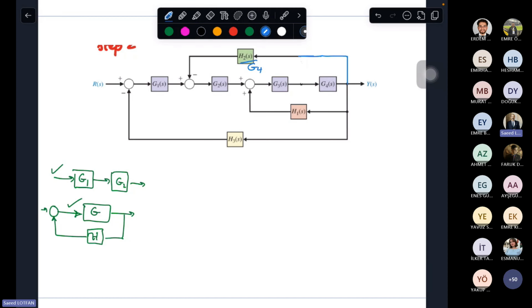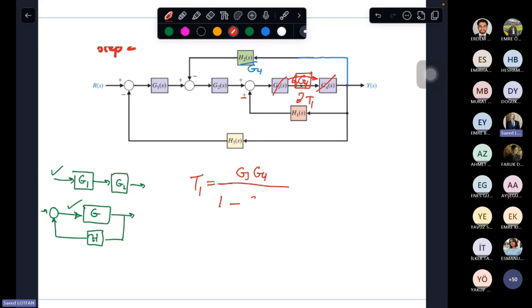Now I have this guy as feedback. These two are cascade, they become one, G3 G4, and they feed back with H1. So I name this T1. T1 equals G3 G4 divided by 1 minus, because this is plus, G3 G4 H1.